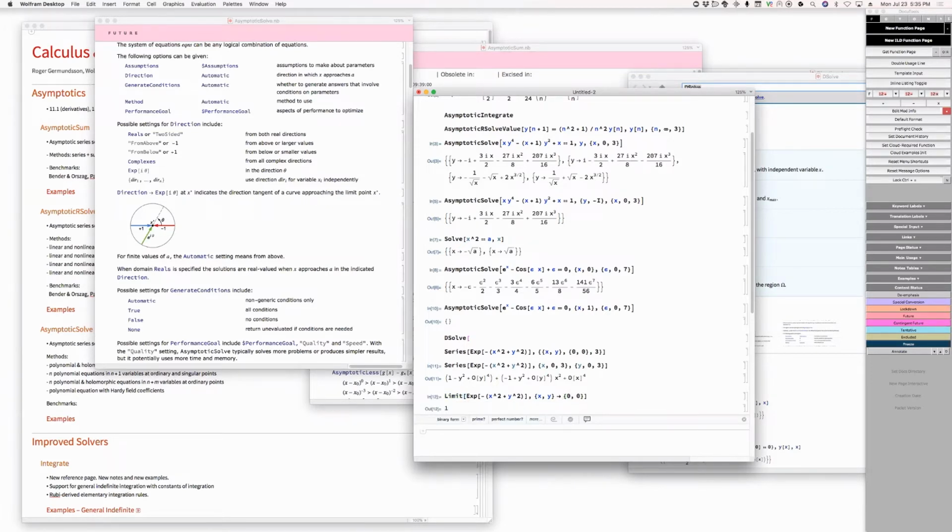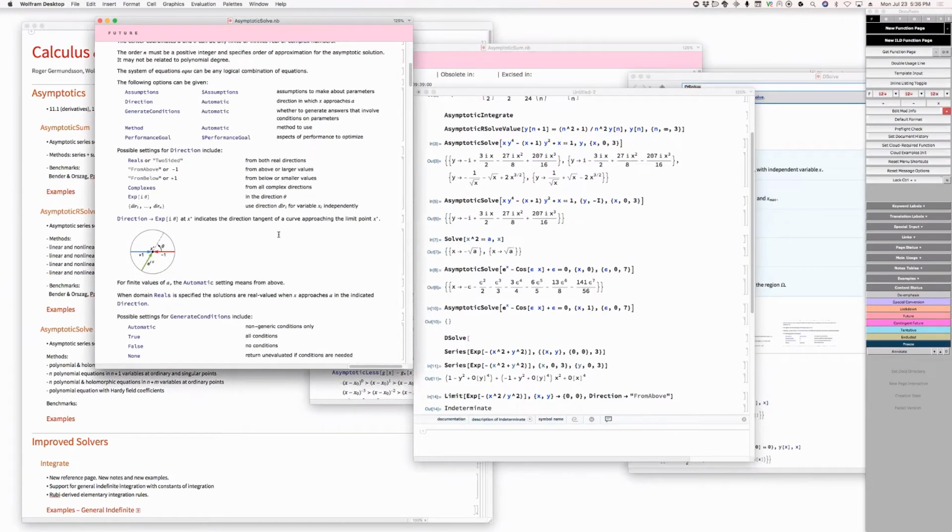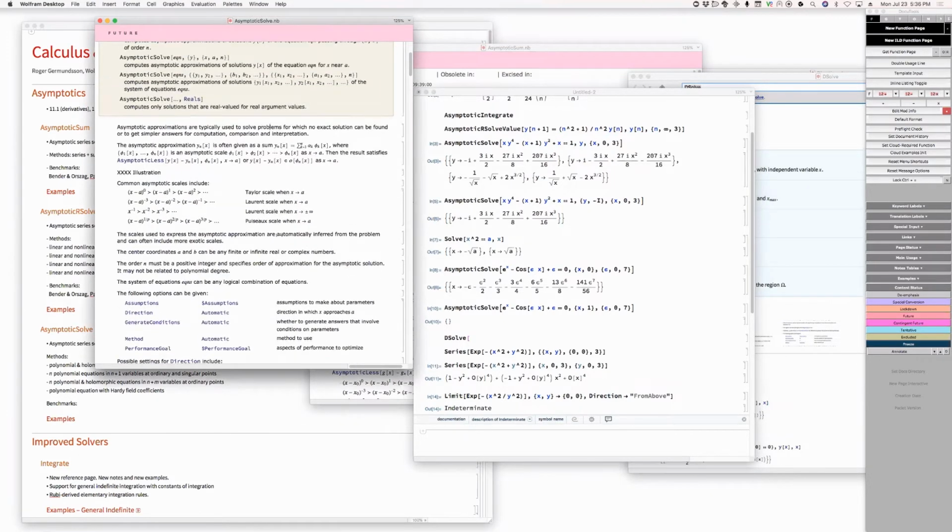And then if you wanted to come from the first quadrant, you could say from above for both of them. So you'd say then direction arrow. I see. For each one, it would be say from above, for example. Right. Fine. So that means use from above for all of them, and you can independently specify for each variable if you want.